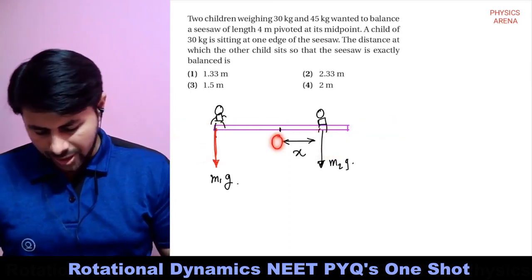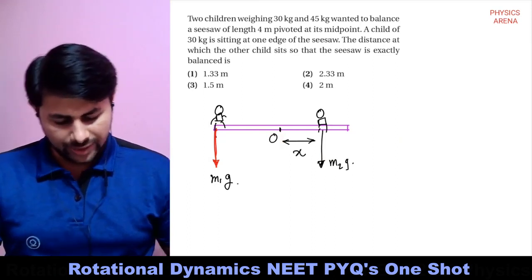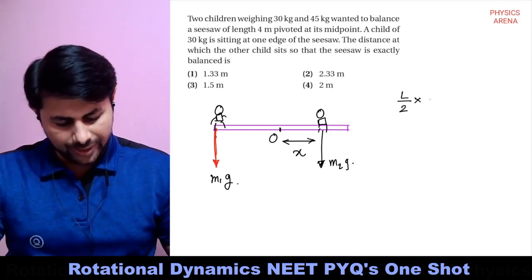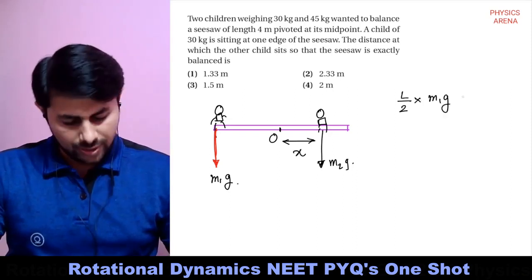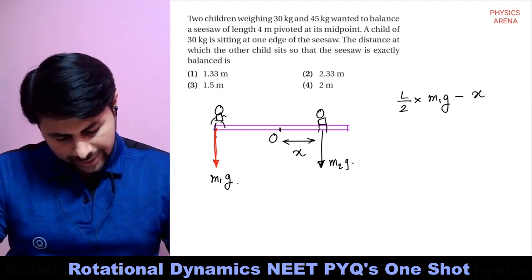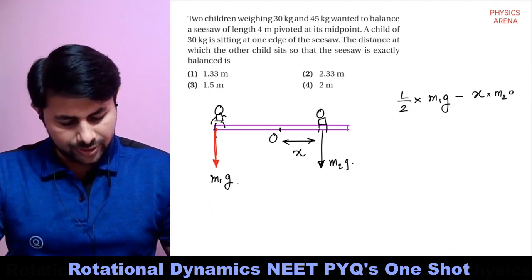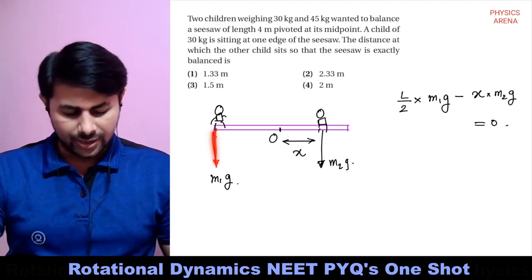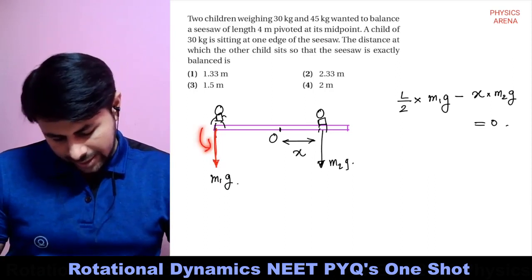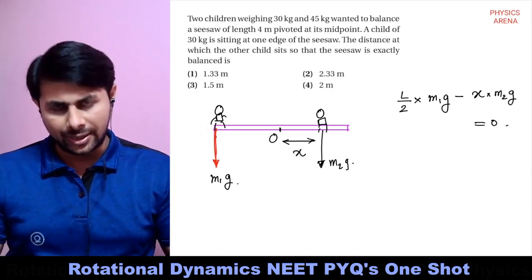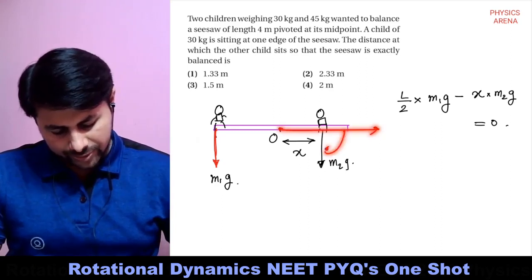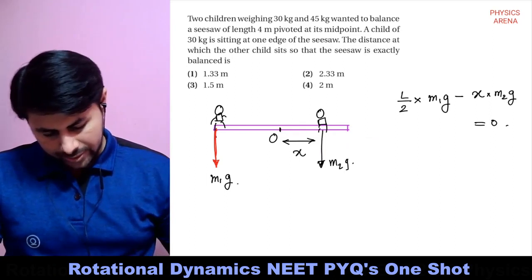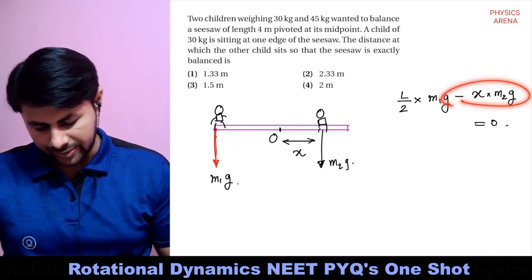So if we take torques about this midpoint, we can say that L by 2 multiplied by m1g minus x multiplied by m2g is equal to 0, because torque due to the first force is rotating the body in anti-clockwise sense, and torque due to the second force is rotating the body in clockwise sense. That's why the second one is negative.